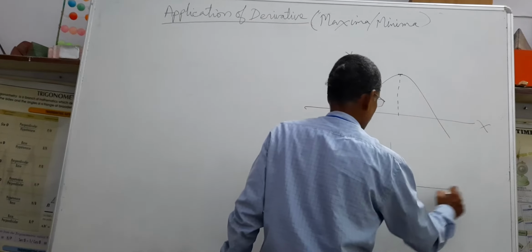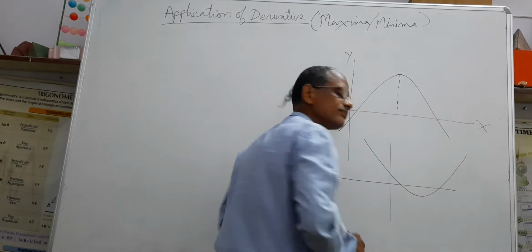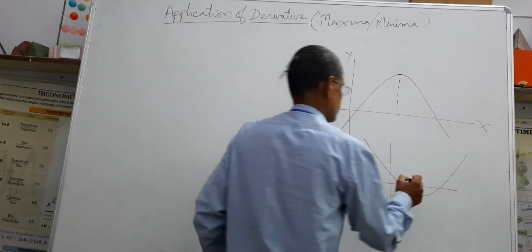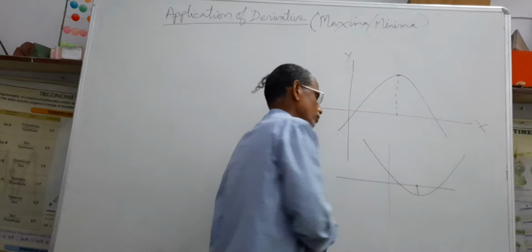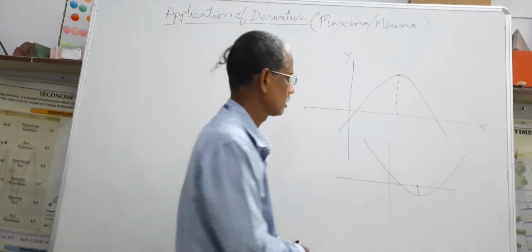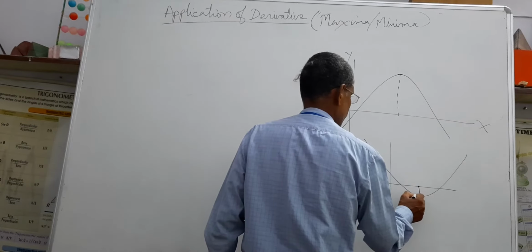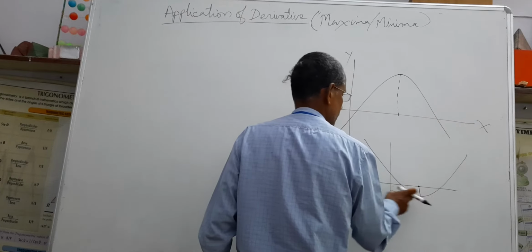If our curve is like this, then this x is called point of minima and value of this is called minimum value.